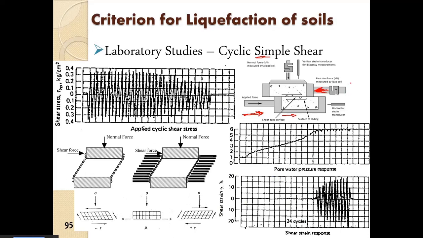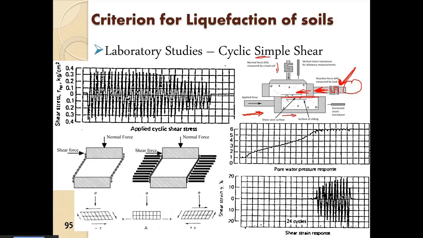We have the proving ring or the load cell, and whatever force is required to shear the sample is measured by this load cell. So that is why it is direct shear. We are directly shearing at this plane here.